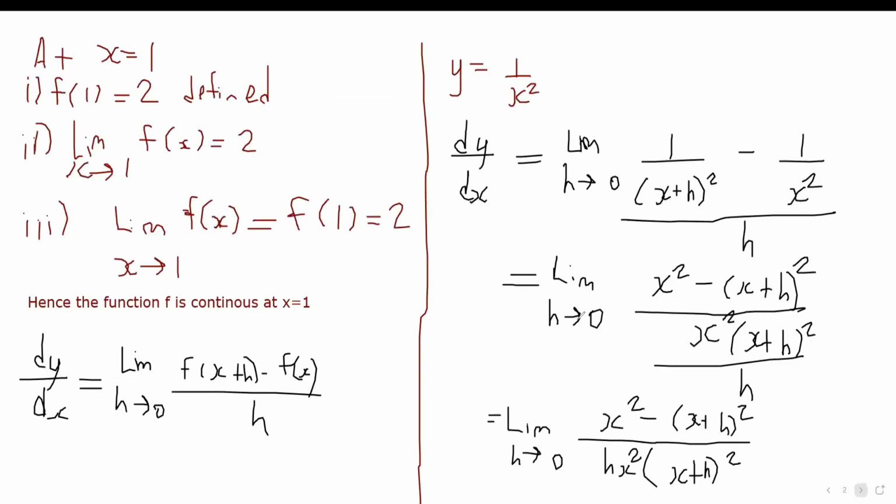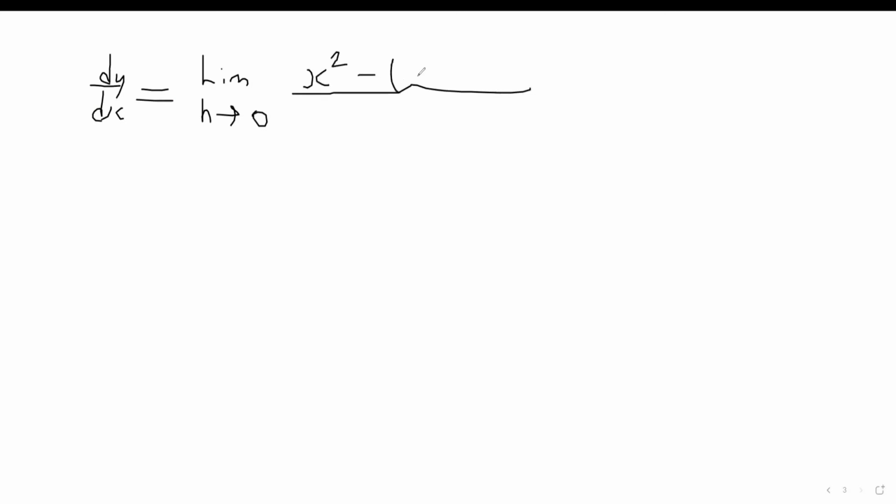This then tells us that dy by dx is indeed going to be equal to the limit as h tends to 0 of, expand out the numerator. We're going to get x squared minus, now you see (x plus h) all squared, when you expand it, it's x squared plus 2xh plus h squared.